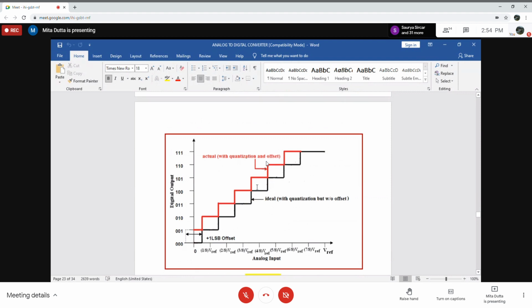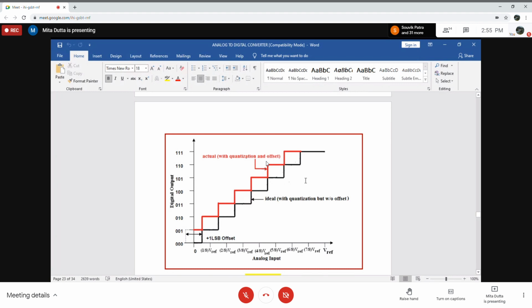So how could we distinguish these two graphs? When the ideal is above the actual, it will be positive, and when the ideal is below, it will be negative. Yeah, that is one way to describe it.